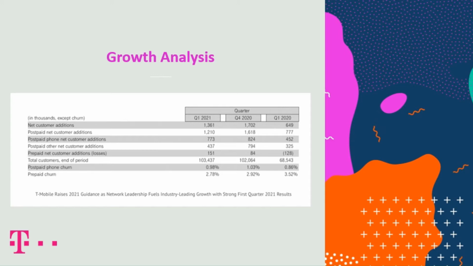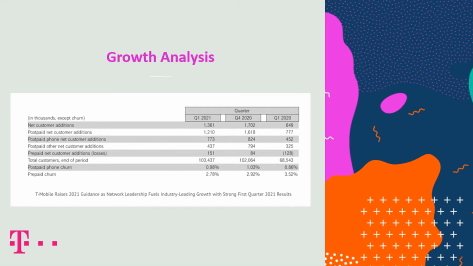The strategy team is running this growth analysis to determine how quickly they should migrate Sprint's customers to the T-Mobile network. As of right now, about 50% of Sprint's customer base is already migrated to the T-Mobile network, and T-Mobile knows eventually they'll have to add network capacity in order to migrate the remaining customer base.